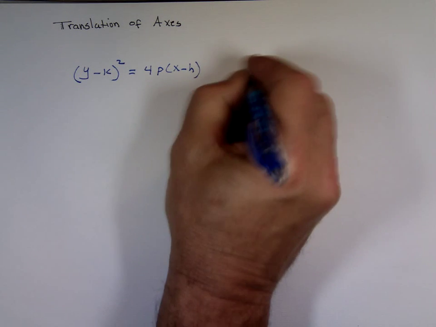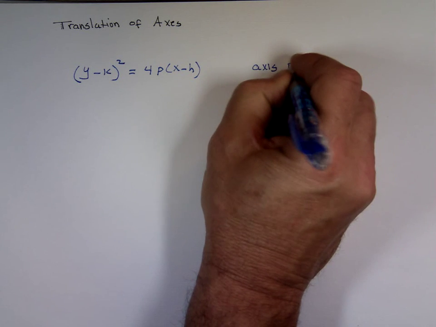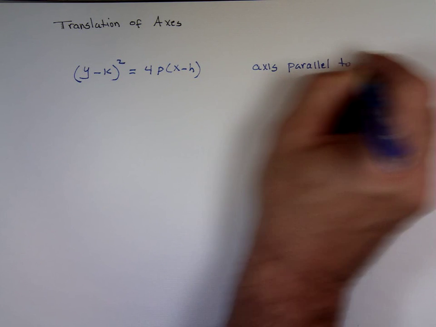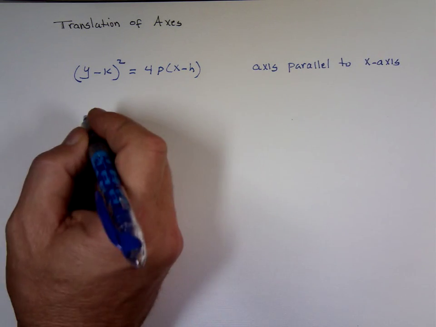Right next to it, it says axis parallel to the x-axis. That's for a parabola here.